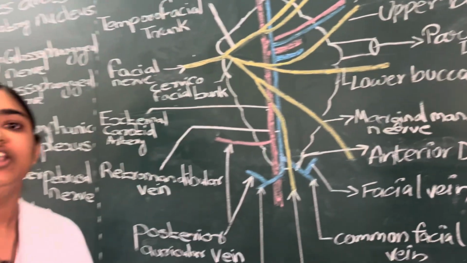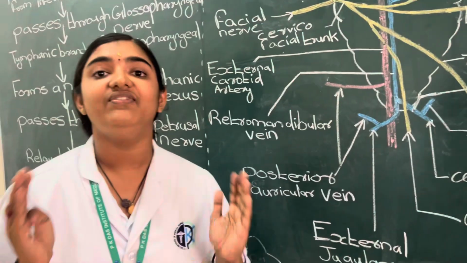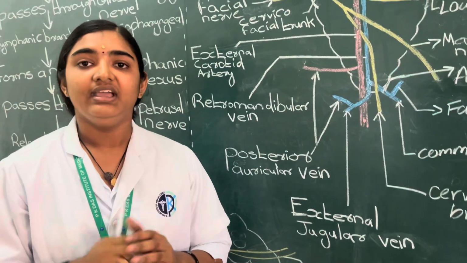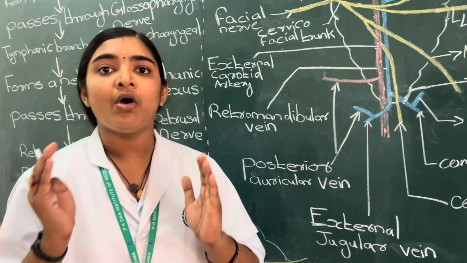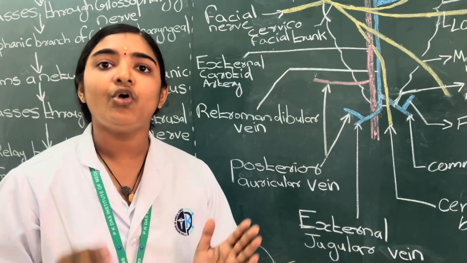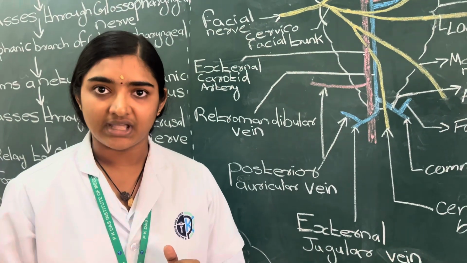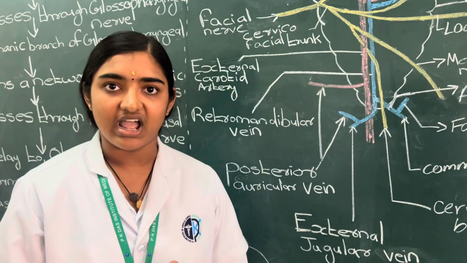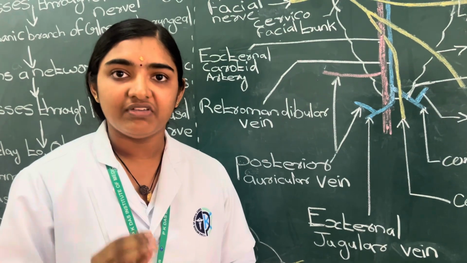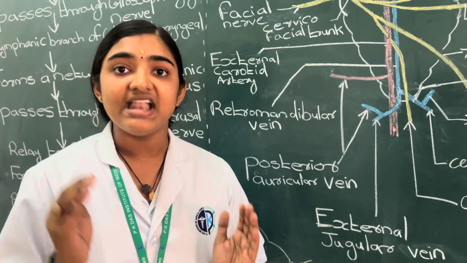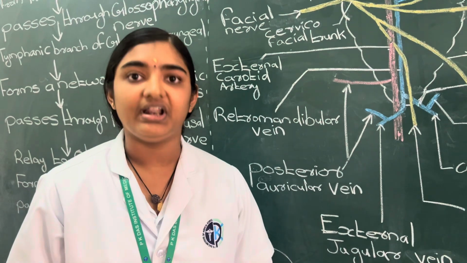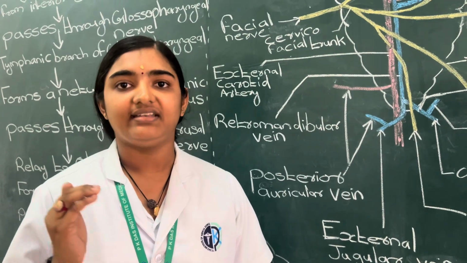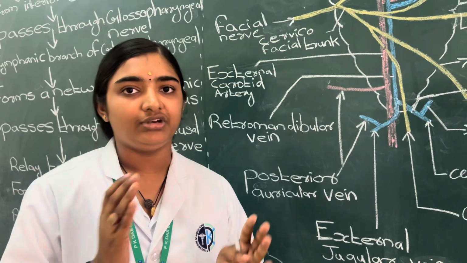So, let us have a quick recap on the external features of the parotid gland. Among the four surfaces, the important three surfaces: the superficial surface is related to the skin and superficial fascia, which contains the superficial parotid lymph nodes, the anterior border of the greater auricular nerve, risorius and platysma muscles, then the parotid fascia.